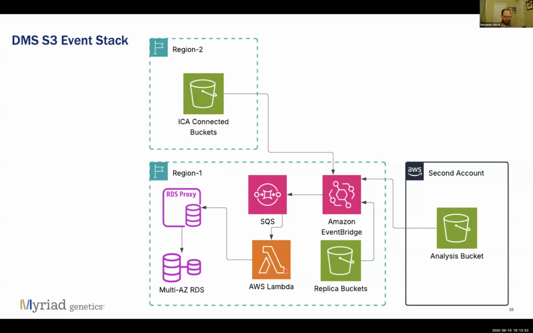That Lambda is still connected to the RDS proxy, so we still have great connection pooling to add it to our database. In addition to this, we also added a concurrent execution limit of 20 on this Lambda. This easily scaled to thousands of events in a second without having any issues whatsoever.